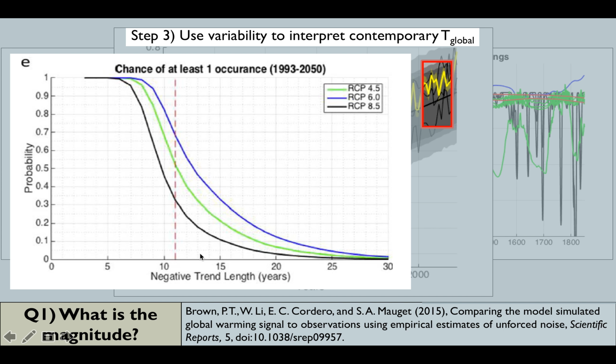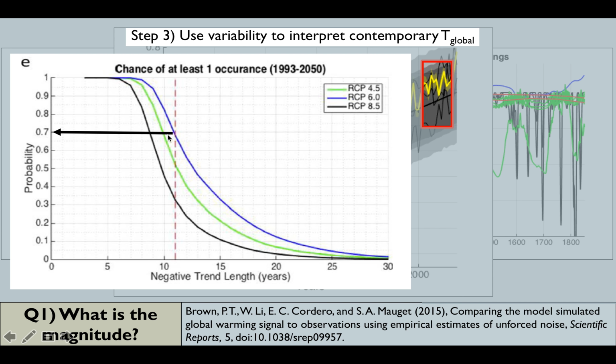So what this plot is doing is looking at the probability of a negative trend of a given length from 1993 to 2050 over various radiative forcing scenarios.